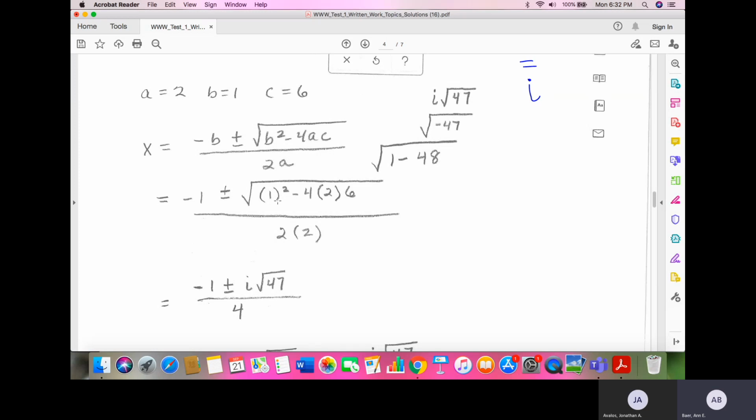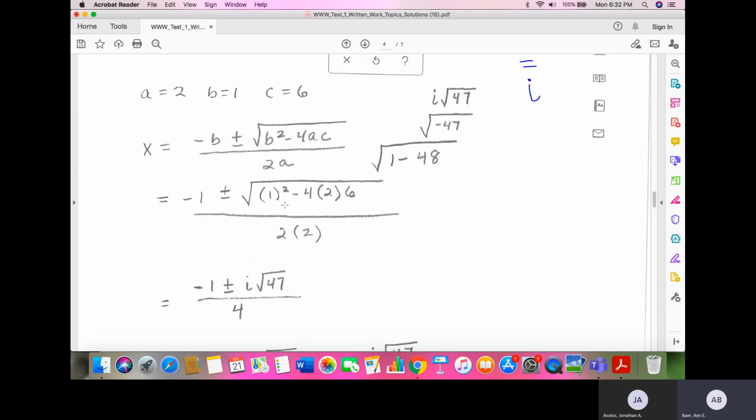I want to be accurate, so I want to have the same SOPs, standard operating procedures, each time I do it, because I don't want to forget. So I put 1 in here, put it in parentheses, and square it. -4 times A, which is 2, times C, which is 6, all over 2 times A, which is 2.